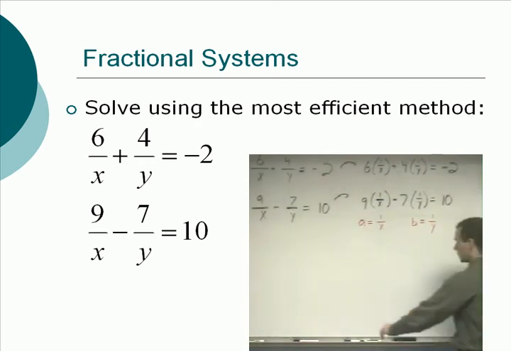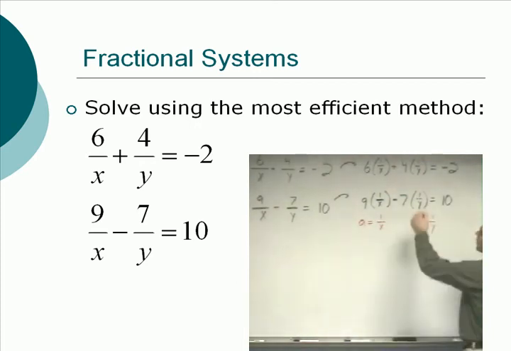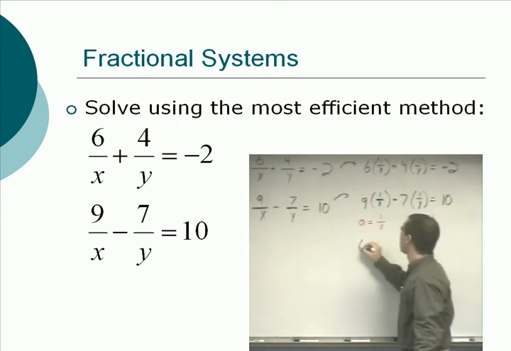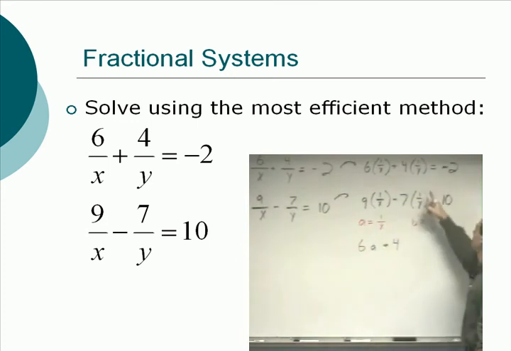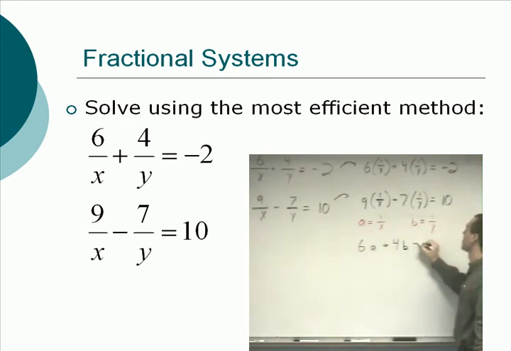So, the top equation will become 6, not 1 over x anymore, 6a plus 4b equals negative 2.